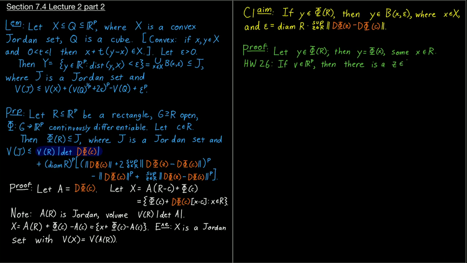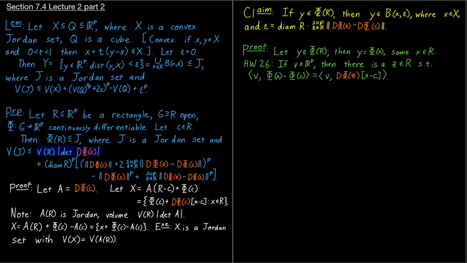So z is in R such that the inner product of v with phi of x minus phi of c is the inner product of v with d phi of z evaluated at the point x minus c.